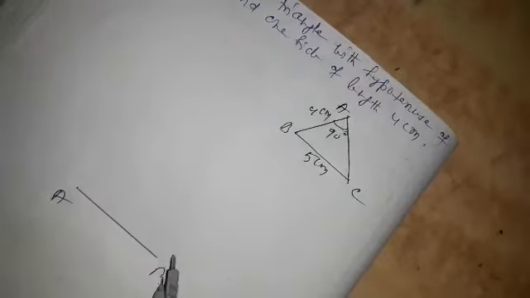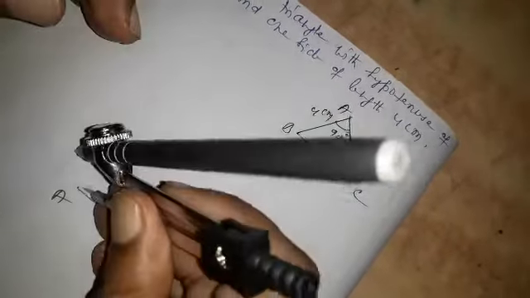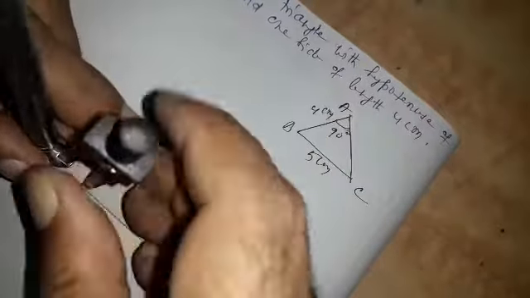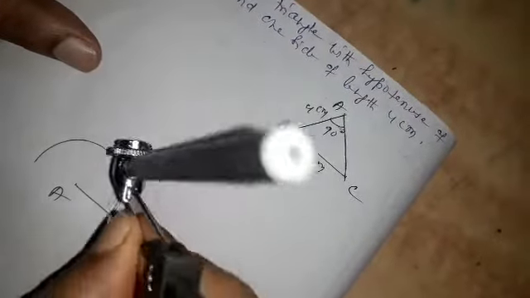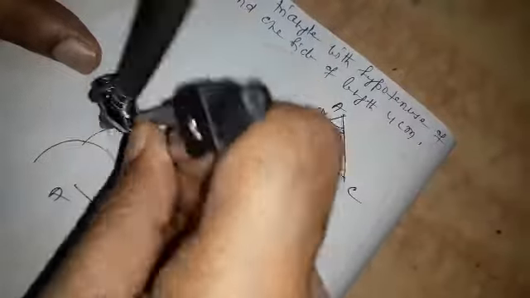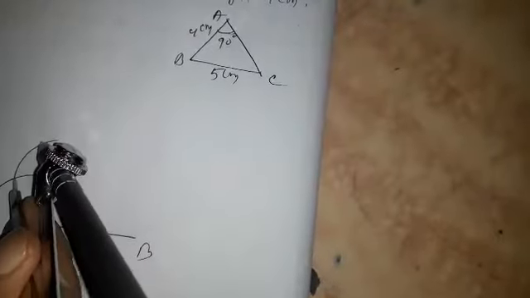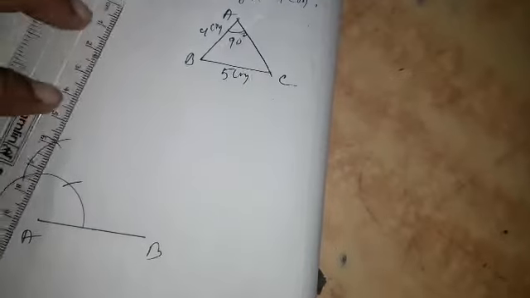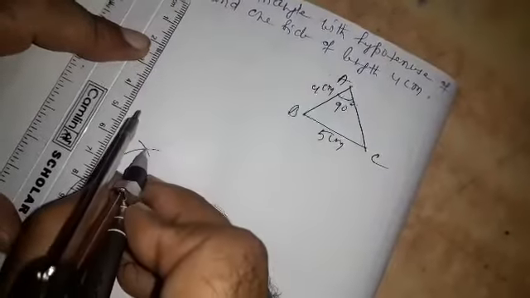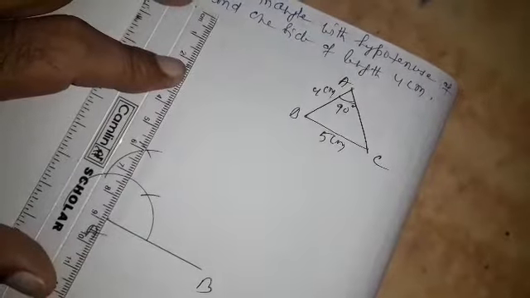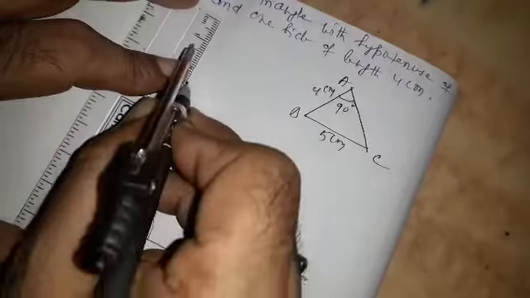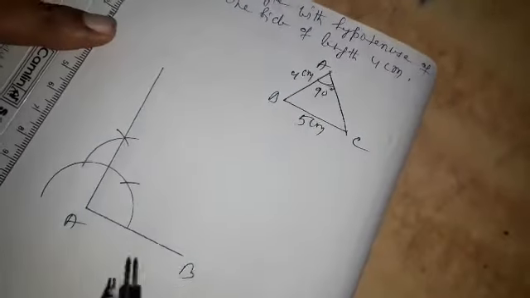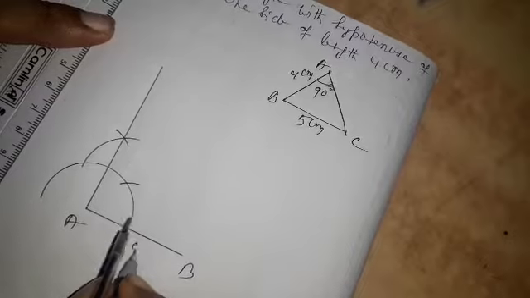And at point A we make the angle of 90 degree. And AB is of length 4 centimeter.